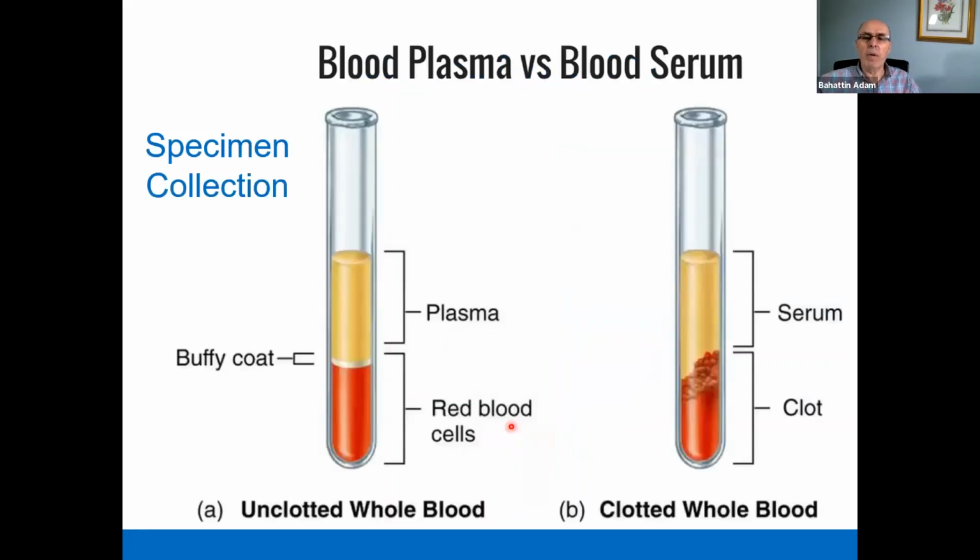Now, what is the difference between plasma and serum?